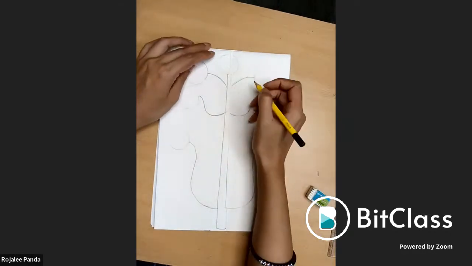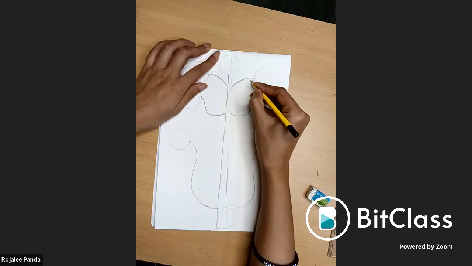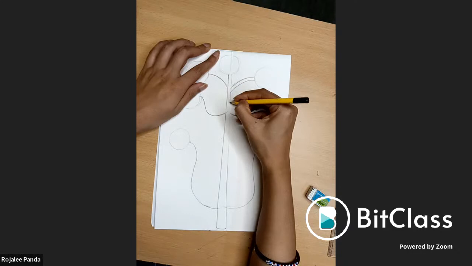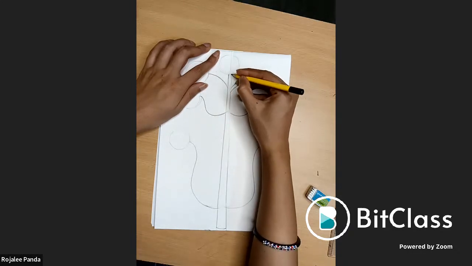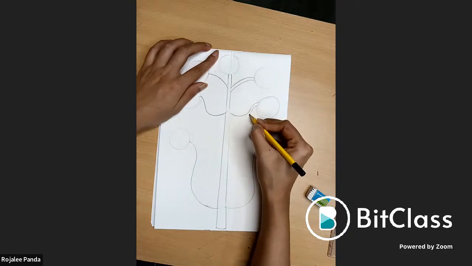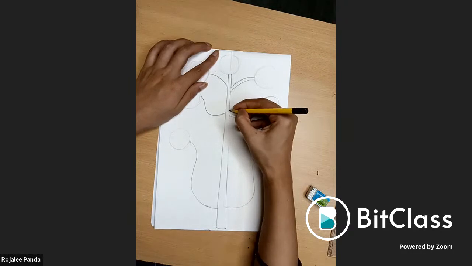And all those lines we are going to double line. Make it like 0.5 thickness, and you have to join it.